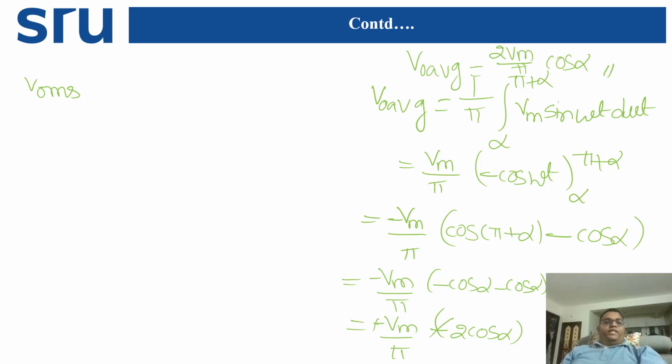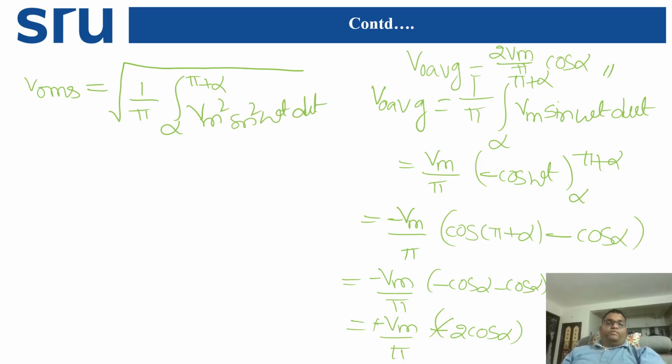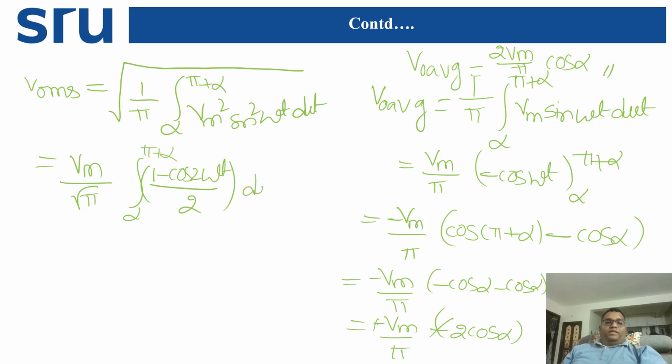Similarly, V naught RMS will be the square root of 1 by pi integration from alpha to pi plus alpha of Vm square sine square omega t d omega t. Now Vm by root pi, and sine square theta means 1 minus cos 2 omega t by 2, integrated from alpha to pi plus alpha d omega t.